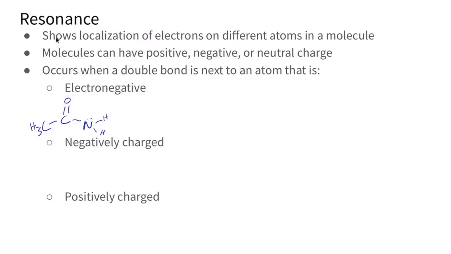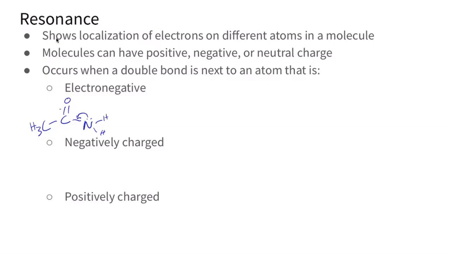And we also have this lone pair, which is present on the nitrogen. So in this example, I can draw the lone pair on the nitrogen depositing its electrons into the single bond between the carbon and the nitrogen.